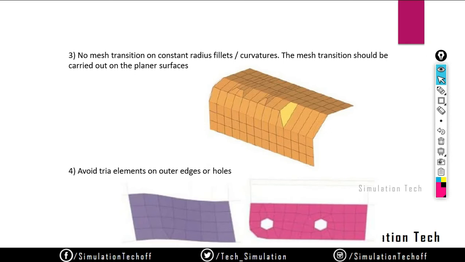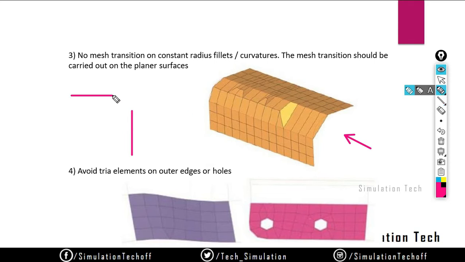Okay, right. No mesh translation should be at a constant radius. I will explain simply what it means. If we have a structure like this, and I view this object from the front view, it will look like this, 1 and 2.